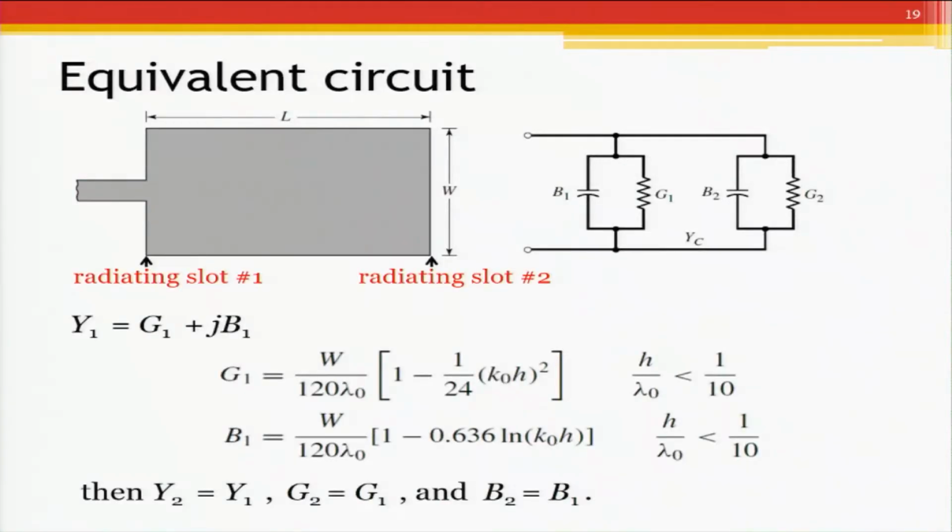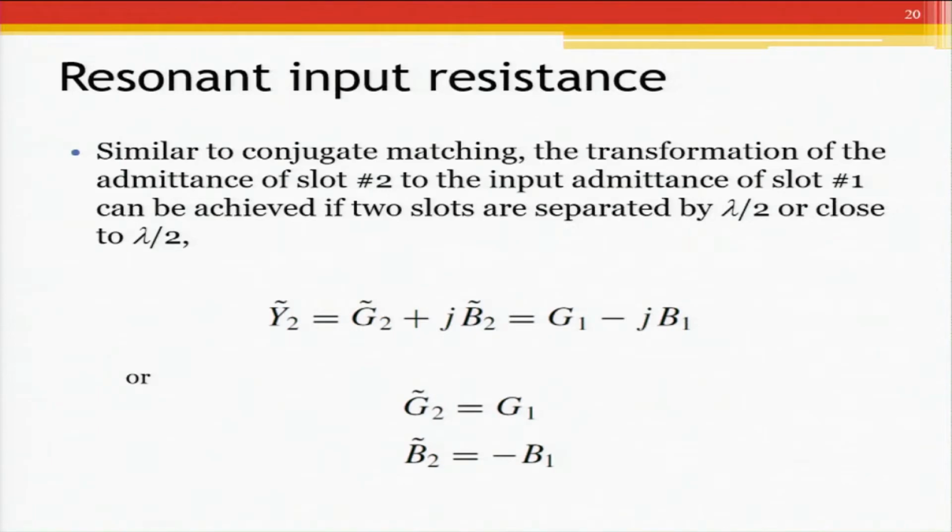Right? So now, if you want to transform the admittance of slot 2 to the input admittance of slot number 1, we'll do conjugate matching. Why do we need to do this? Because we want to determine the input resistance to the patch at the resonant condition, or at resonant frequency.